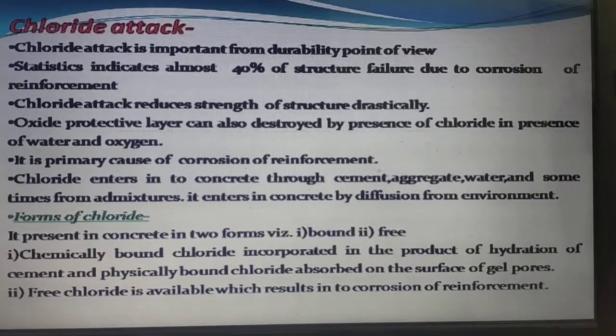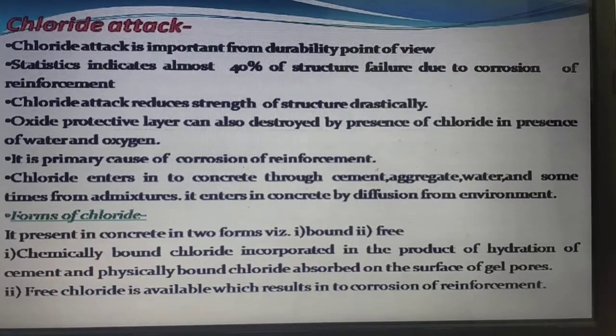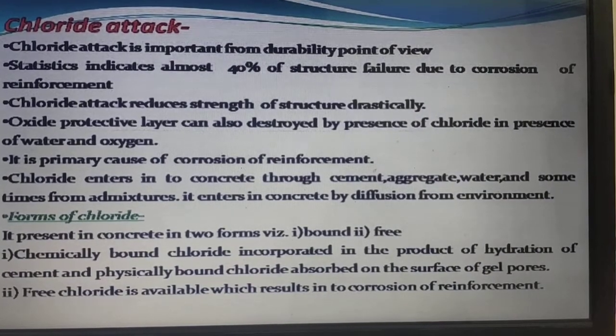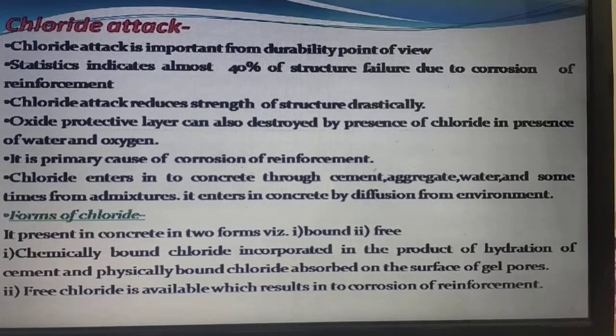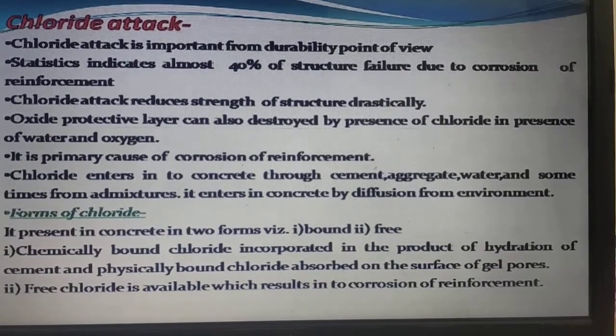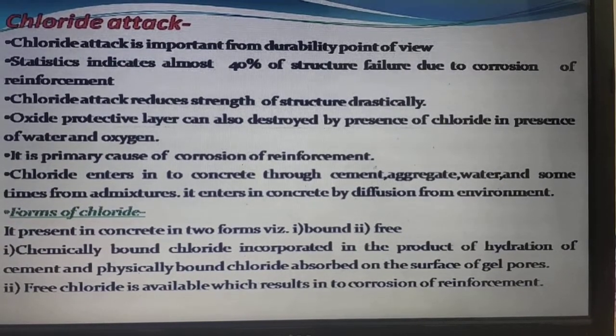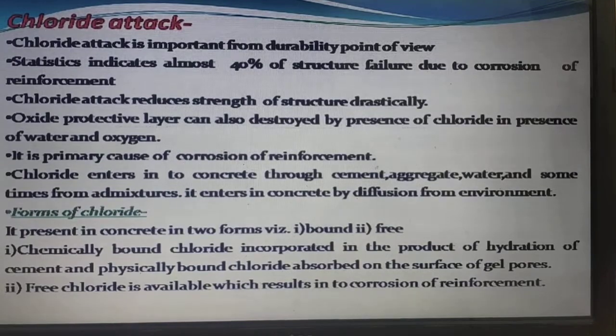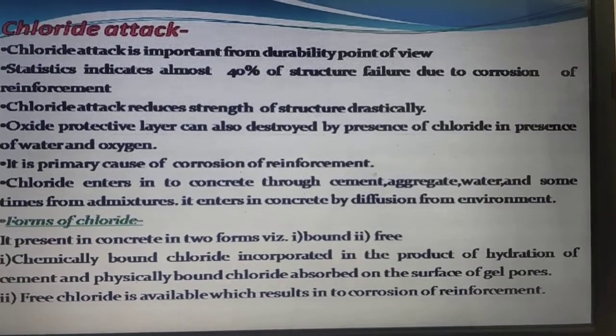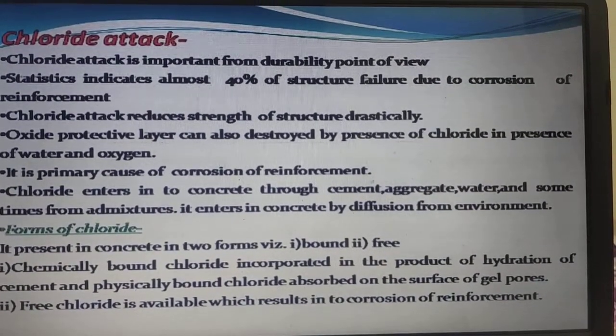Chemically bound chloride is incorporated into the concrete by the hydration of cement, and physically bound chloride is absorbed on the surface of gel pores. Free chloride is available, which results in the corrosion of reinforcement.